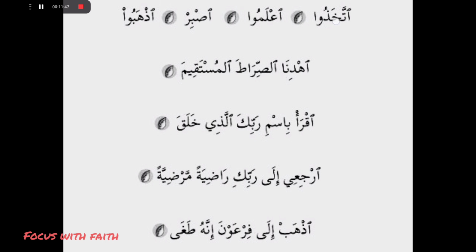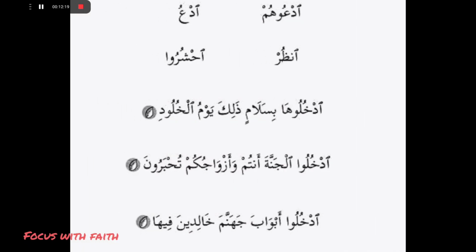So it will be ittakhadhu, not attakhadhu. What about this? Since the third letter has fatha, it will be i'lamu. What about this? Since the third letter has kasra, it will be isbir, idhabu, ihdina, iqra, irji'i, idhab. Hope you have understood.